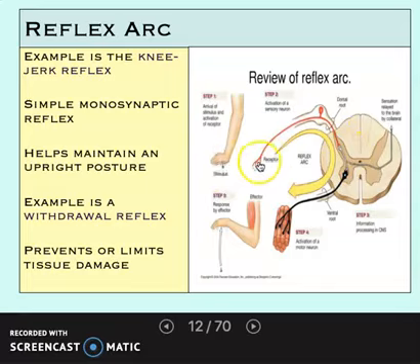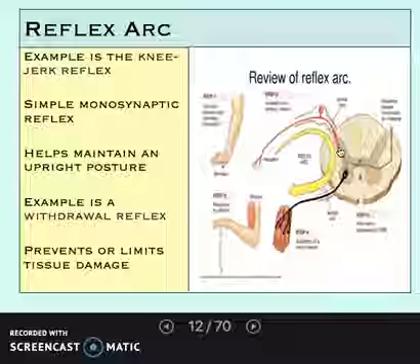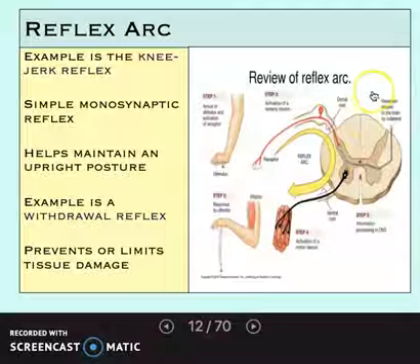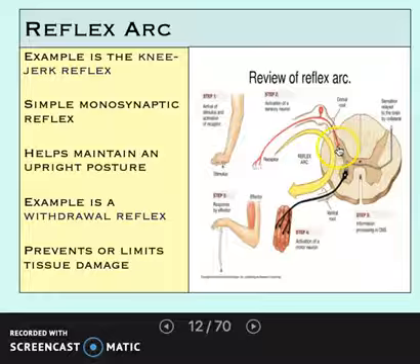In the case of the knee-jerk reflex, I tapped on the patellar tendon, and it stimulated the stretch receptors in that connective tissue, which sends a sensory signal to the sensory or afferent tracts. Now, from there, they're going to proceed up to the brain. But in the meantime, there's an interneuron here that connects it to the motor neurons in the ventral horn, which carry information directly to the muscles that will allow that knee or, in this case, arm to be withdrawn.